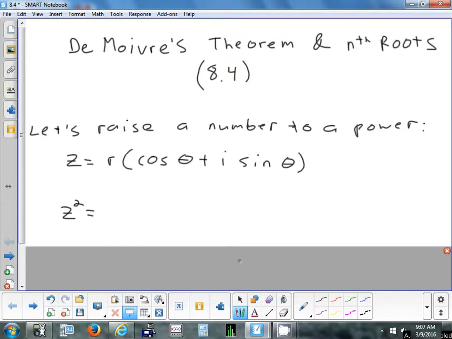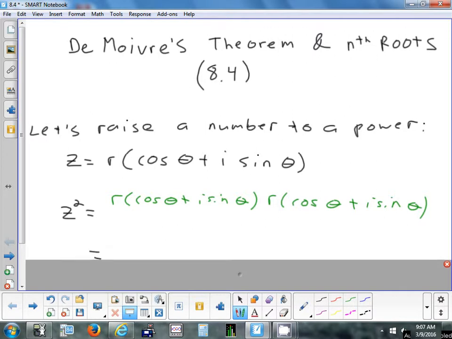So I'm just going to write r cosine theta plus i sine theta, times itself, r cosine theta plus i sine theta. Now the first part is pretty straightforward to do out.